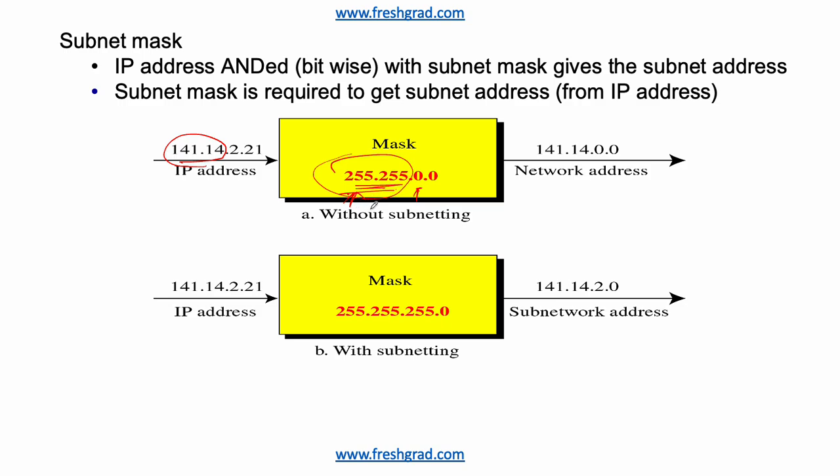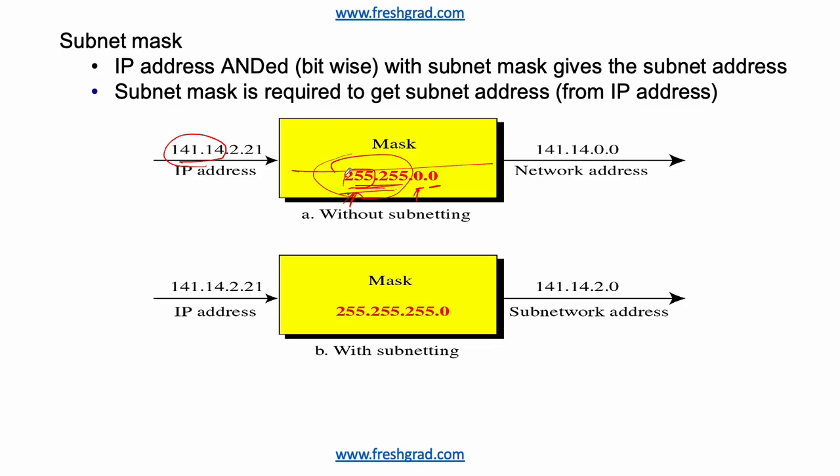The subnet mask is a 32-bit number where all the host bits are set to 0 and the network bits are set to 1. So remember this is 32 bits.